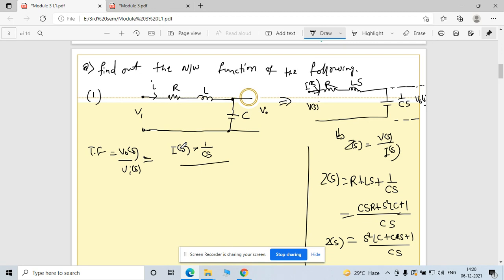This is your output. What is the input? The product of current into the sum of the whole impedance. What is the whole impedance?